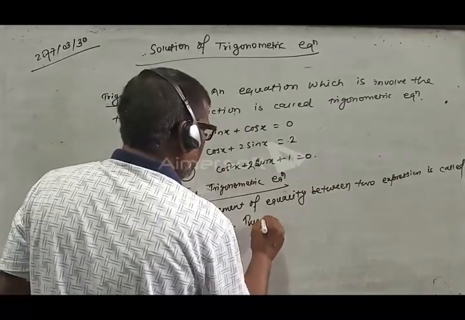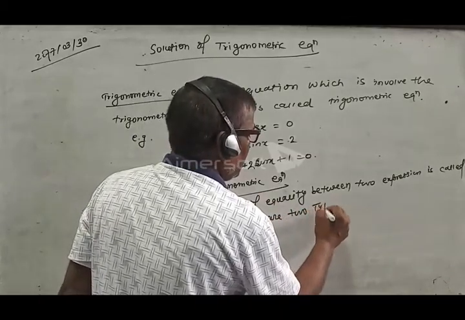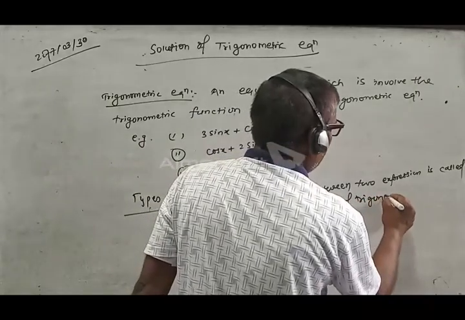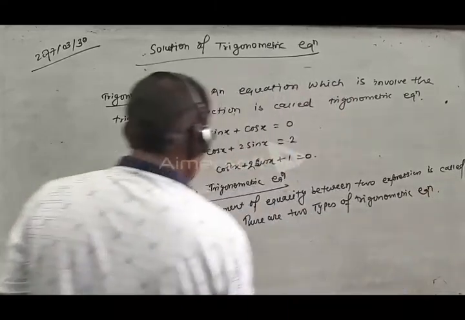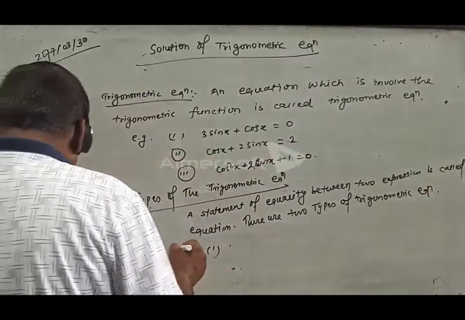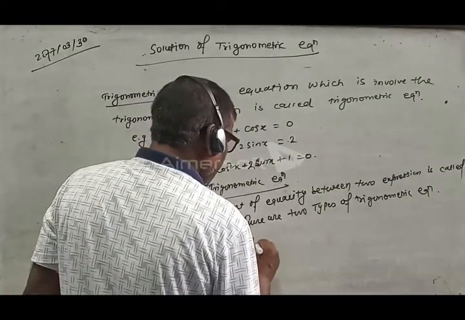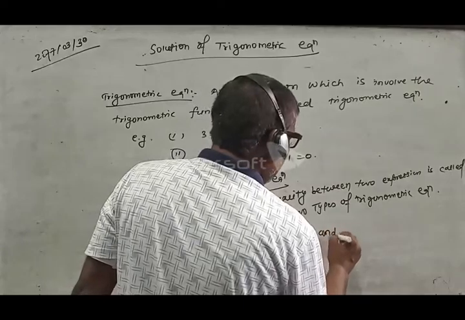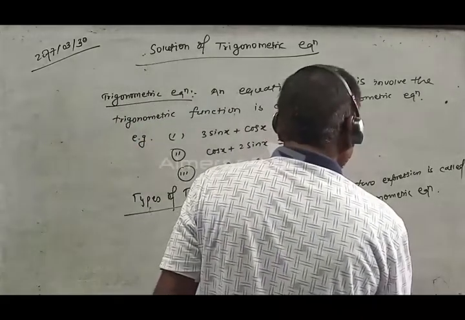There are two types of trigonometric equation. One, identity equation, and the other, conditional.